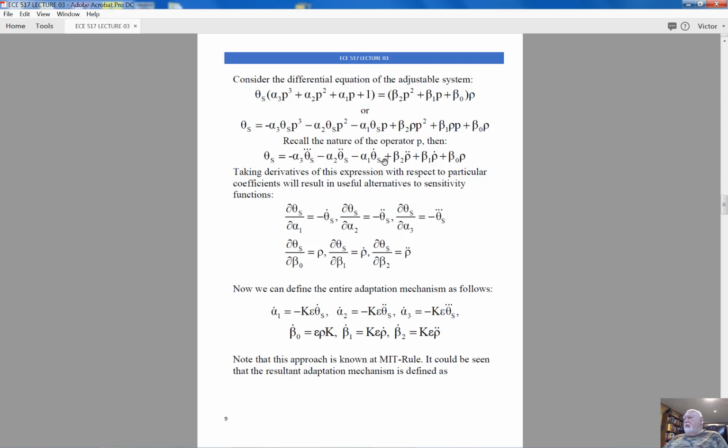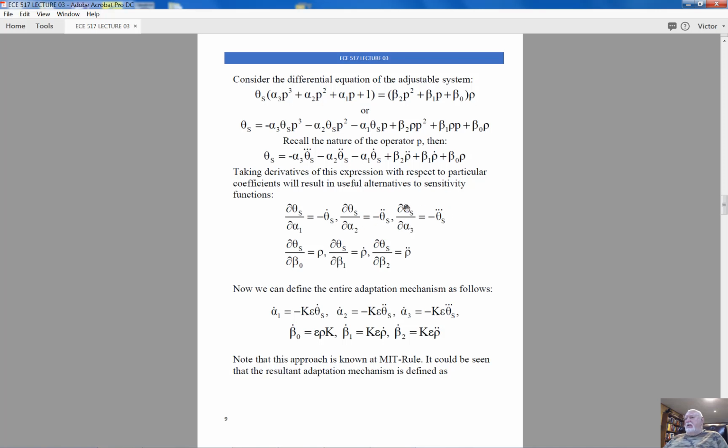It is the derivative of theta s, and it comes with minus. Taking the derivative of theta s with respect to alpha 2, look at this expression: it is theta s with two dots, the second derivative, with minus sign.